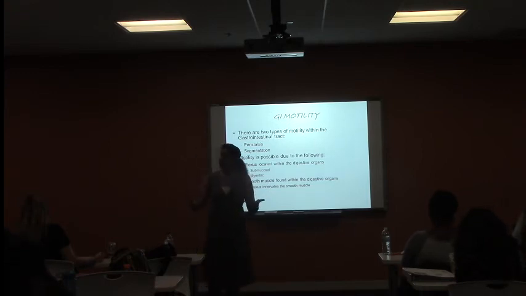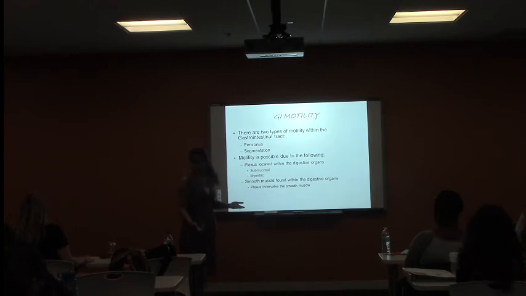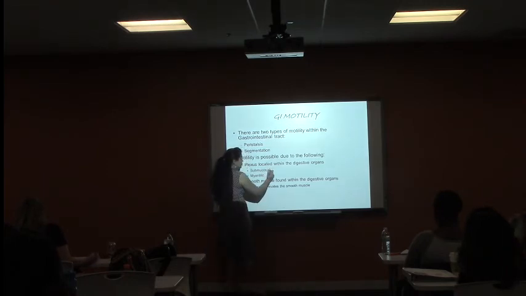Because they innervate the muscle, it can contract, and therefore you have some type of movement. Does that make sense? So the plexus located within the digestive organs: one is the submucosal plexus, found within the submucosa, and the other is the myenteric.